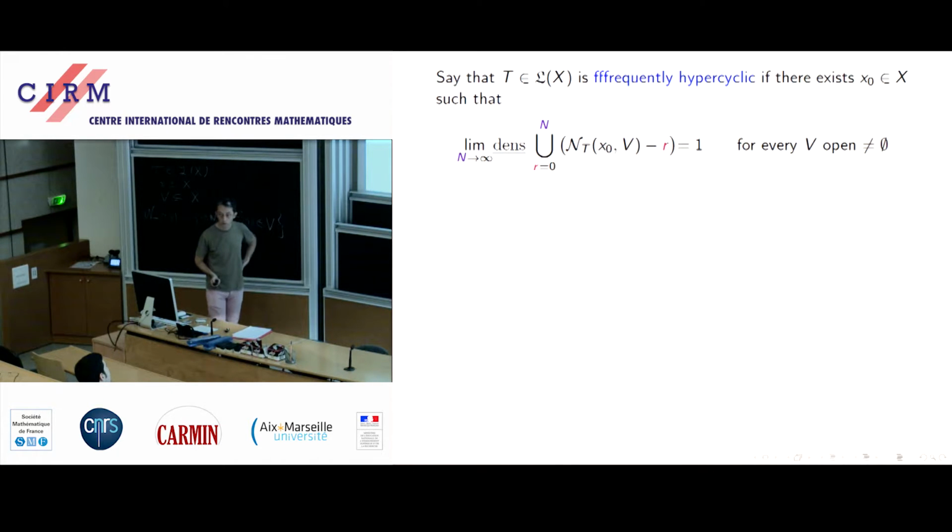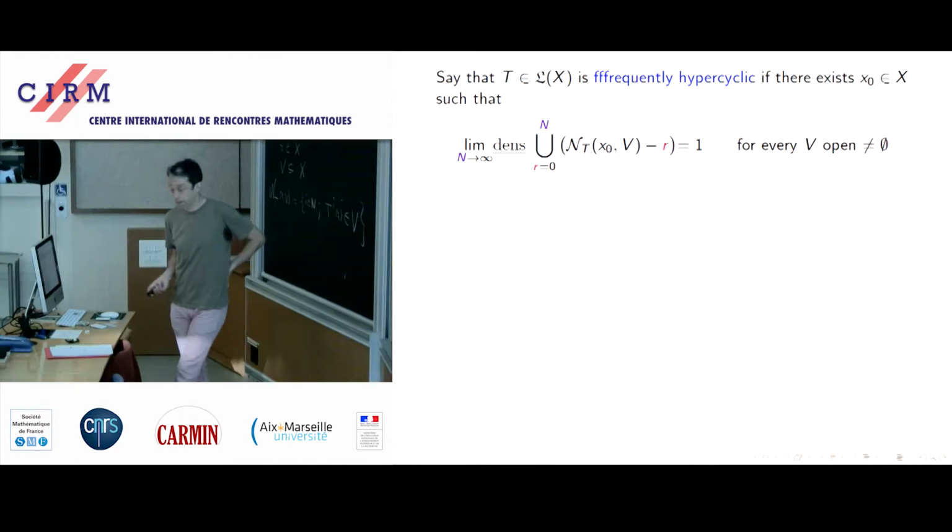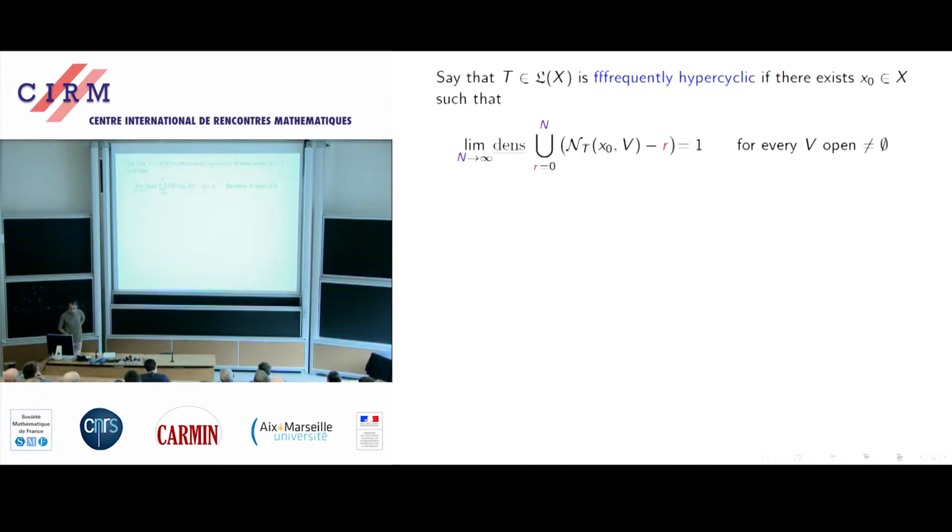Okay, so this is a kind of formal definition, but you will see that after all it may be interesting. And of course, FFFHC implies FHC.